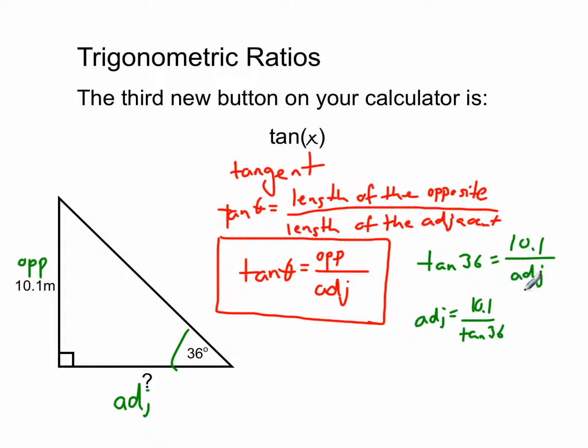But knowing our rules, we don't need to show that step every time. Plugging this into our calculator, we get a value of 13.90. The unit here is meters, so our adjacent side is 13.9 meters.